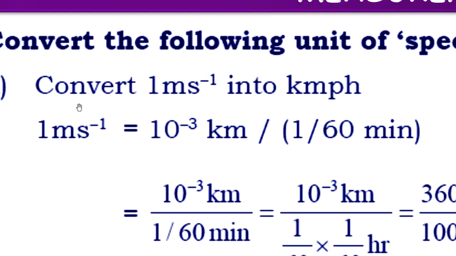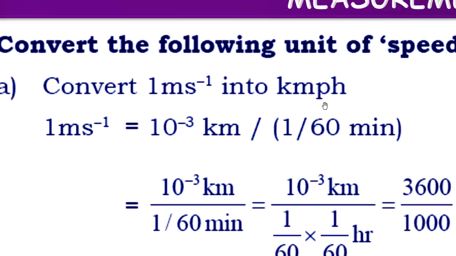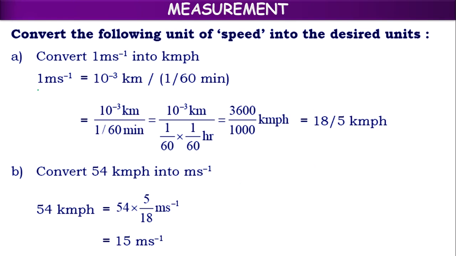So here, children, convert 1 meter per second into kmph, kilometer per hour. 1 meter per second means we can write it as 1 meter by 1 second. We know that 1 kilometer equals 1000 meter.